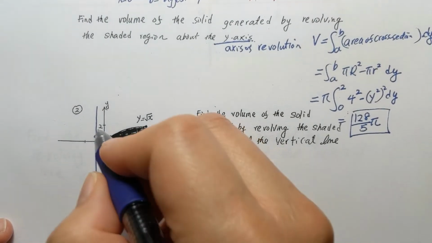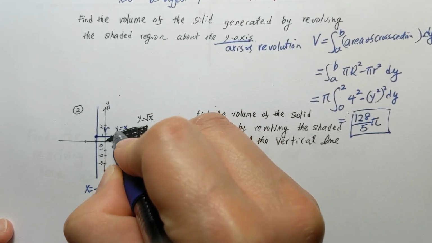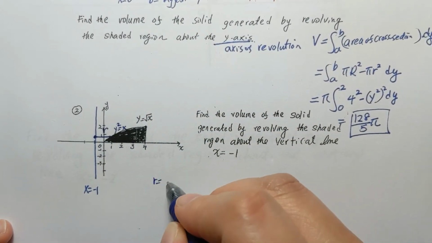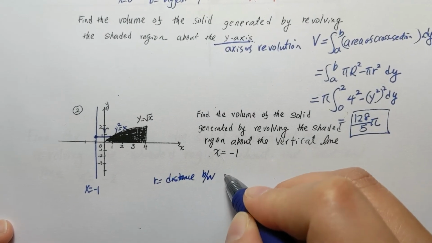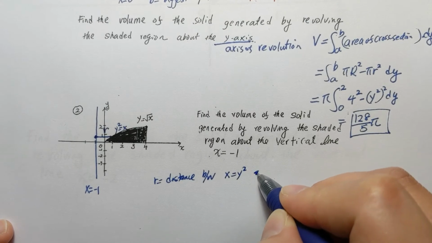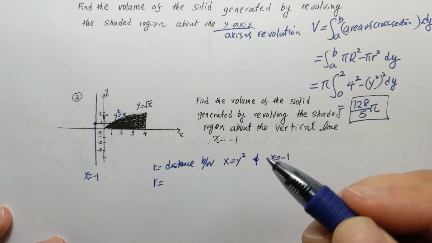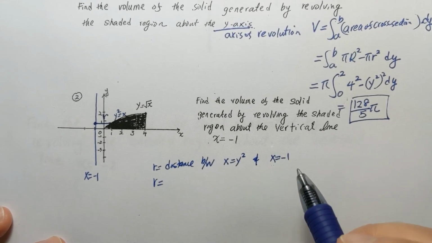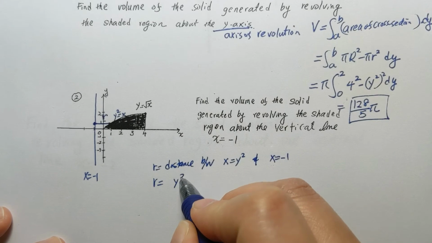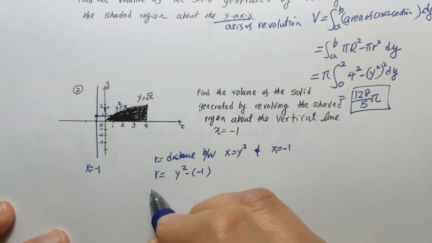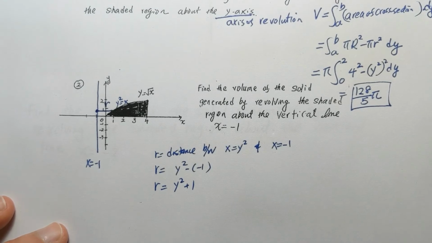This is going to be the small radius, and the small radius is going to be the distance between x equal to y squared and x equal to -1. So in order to get a positive, we do right minus left. So we subtract, x cancel, so you get y squared minus -1. Simplify, you get y squared plus 1.